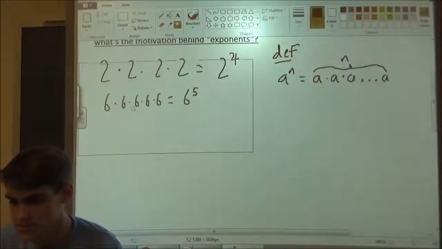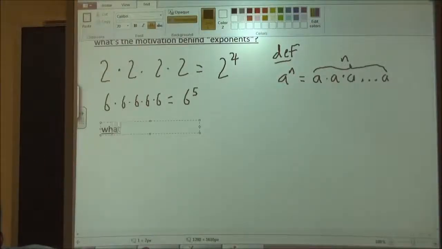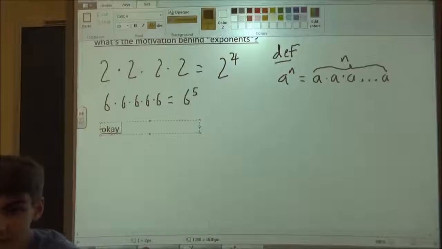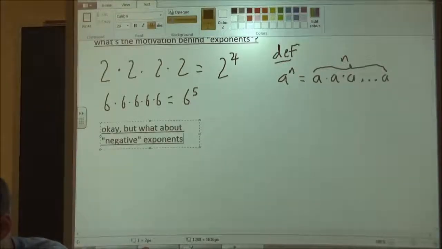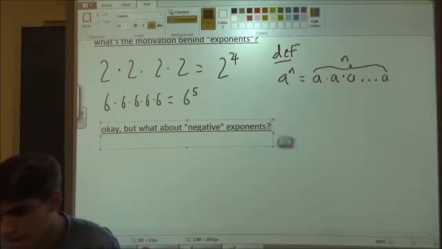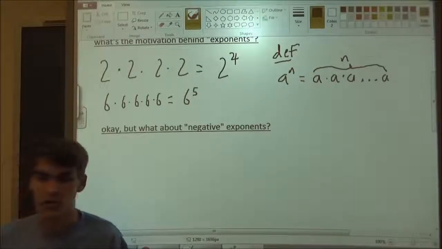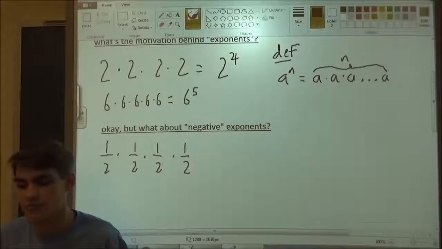Now, let's say you're in that same math class and your teacher starts asking you about dividing things a bunch of times instead of multiplying them. So let's say, okay, but what about negative exponents? Up above we wanted to multiply 2 by itself 4 times, but let's say your teacher says, now we're going to multiply 1/2 by itself 4 times.